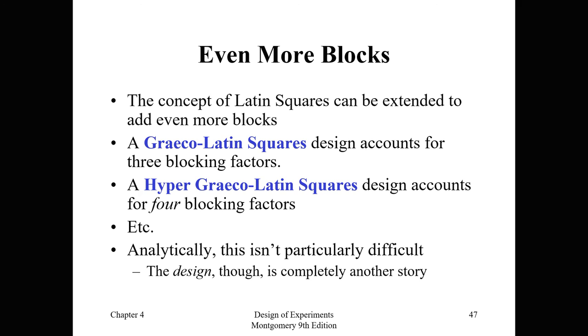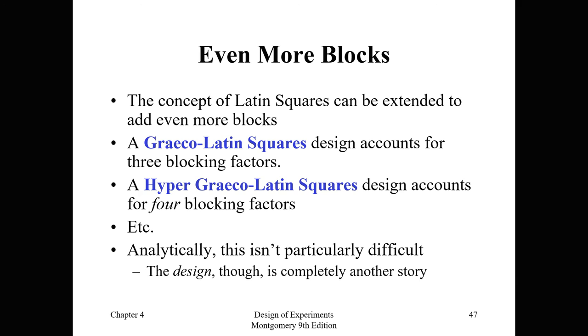So maybe we have the different raw materials and the different operators doing the different mixes, but maybe they have to do the different mixes on different days. So we want to account for a 3rd blocking factor. You can do that using the same amount of experimental units, without having to increase your sample size. And this is a very, very, very cool thing. This is why I love the Latin squares and this concept of Greco and hyper Greco-Latin squares.